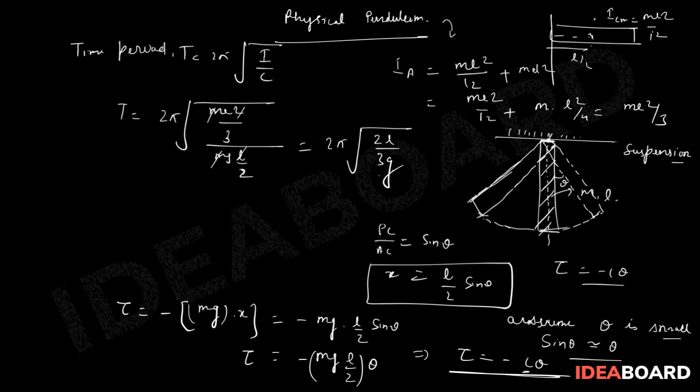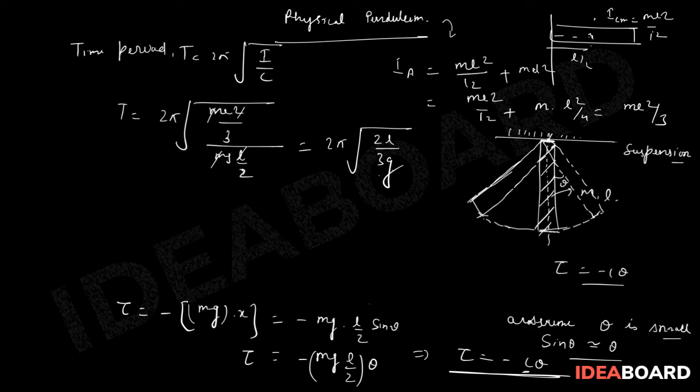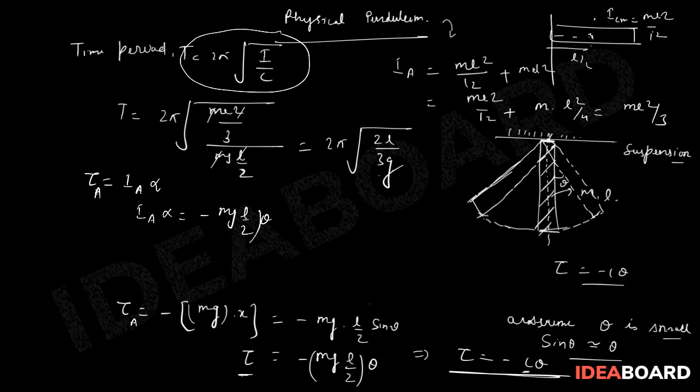Okay, one more way of doing this question is, if you do not remember the formula, which formula? This formula, then how to proceed? You can in fact proceed from this point. We know that torque about A is I into alpha. So IA into alpha will become minus mg L by 2 into theta.